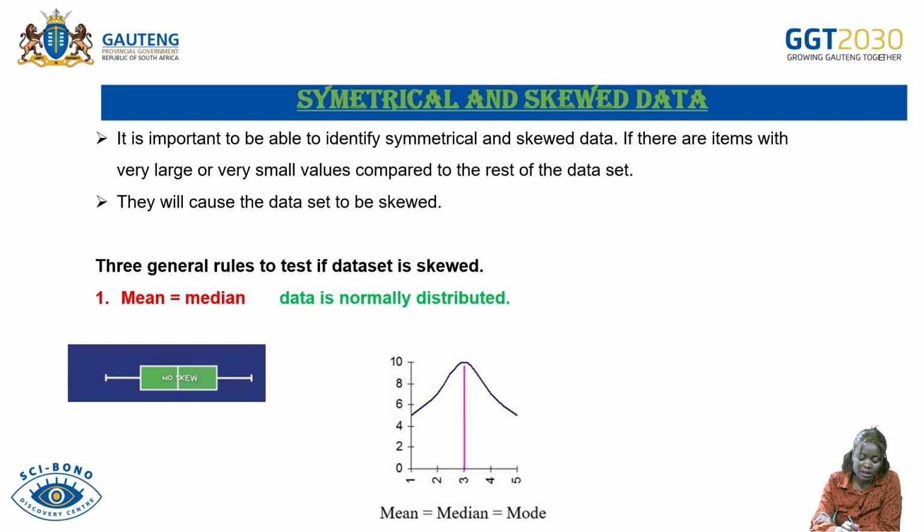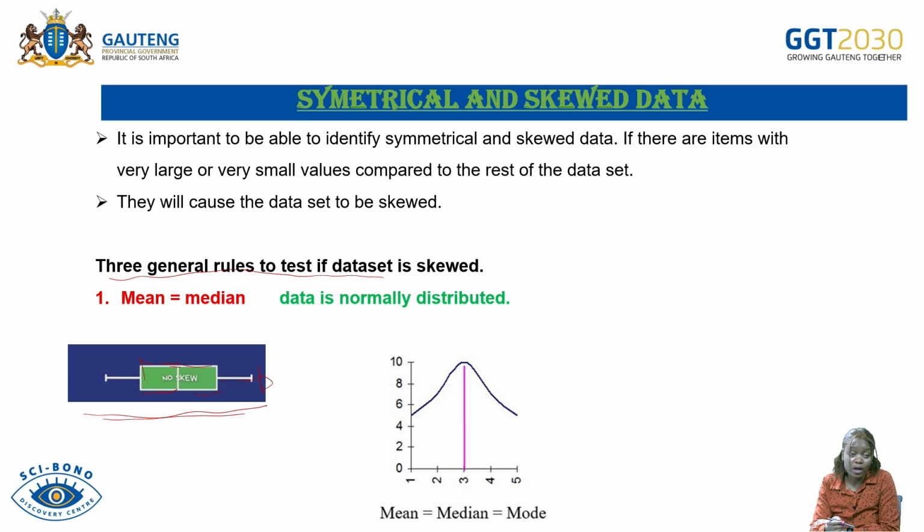We've got 3 general rules to test if a data set has been skewed. After sketching your box and whisker diagram, you can either look at your whiskers or look at your box. So this one, you can see that this box is symmetrical, or the data is normally distributed.